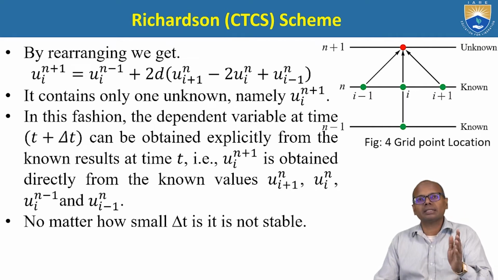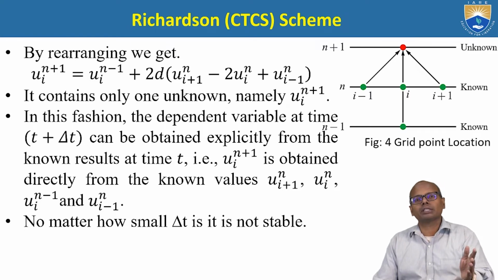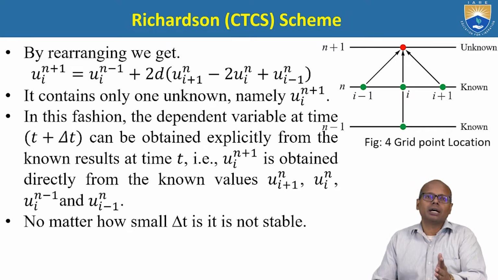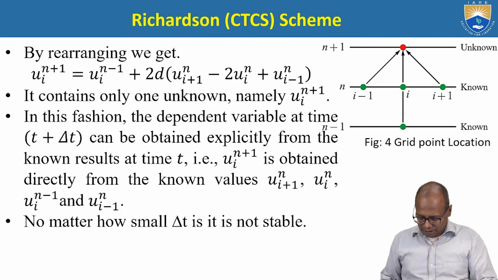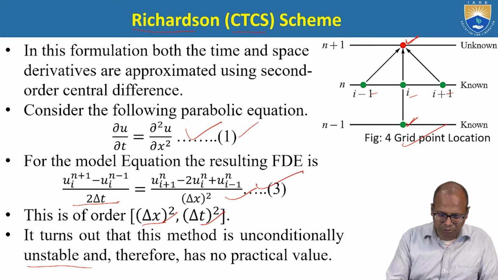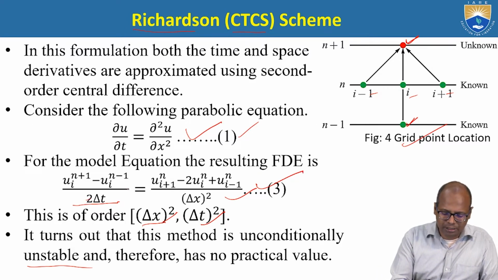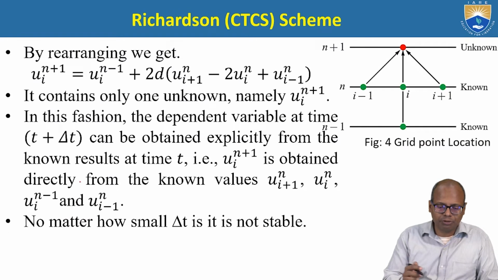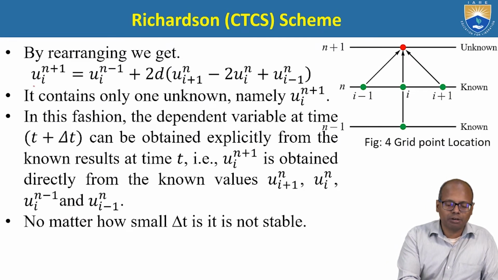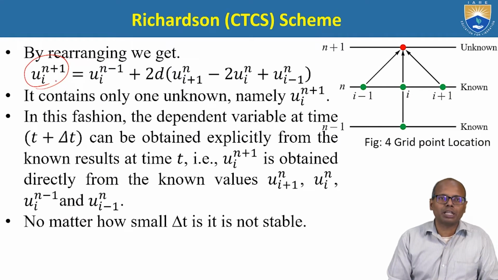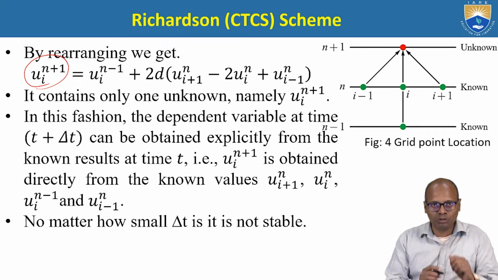Now whether this is an explicit scheme or an implicit scheme? To see that, we have rearranged the finite difference equation. I am taking the 2 delta t term to this side and keeping the other things like that. Then u_i^(n+1) is the unknown value.